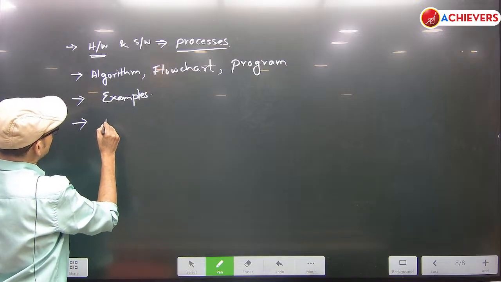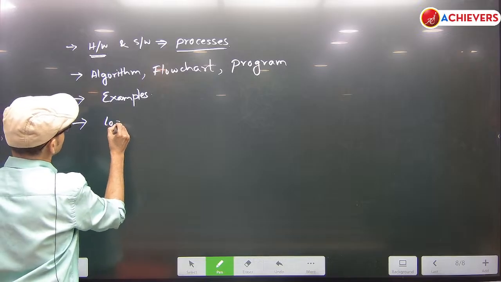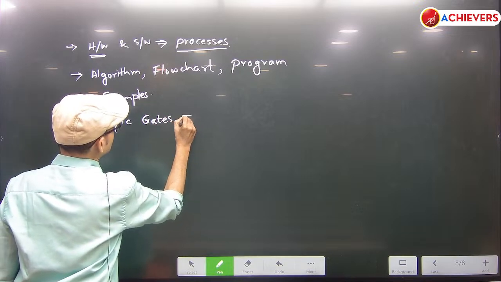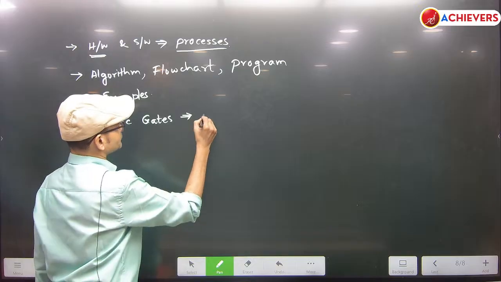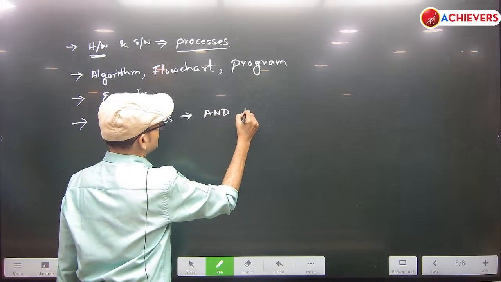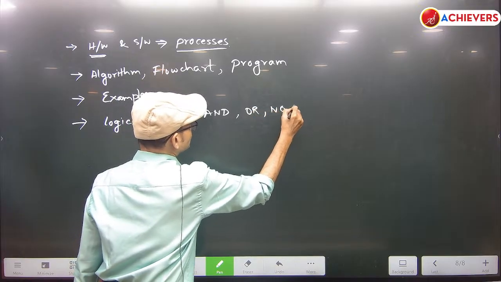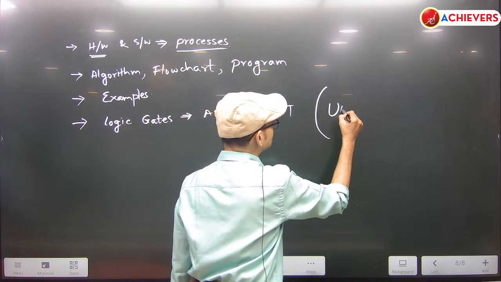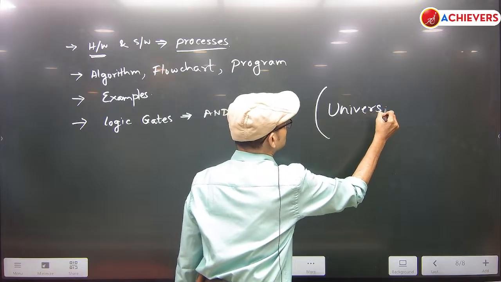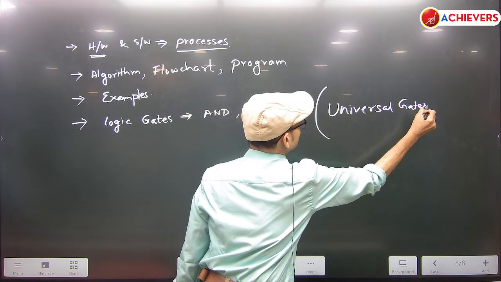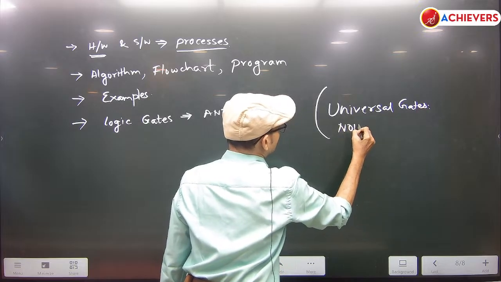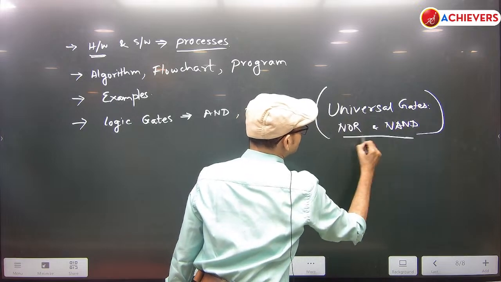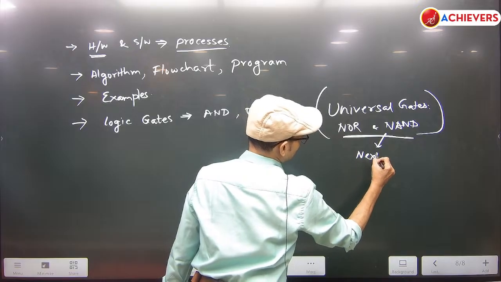At the end we had the concept of logic gates, AND, OR, NOT, and we also defined the universal gates, NOR and NAND, that we will discuss in detail next class.